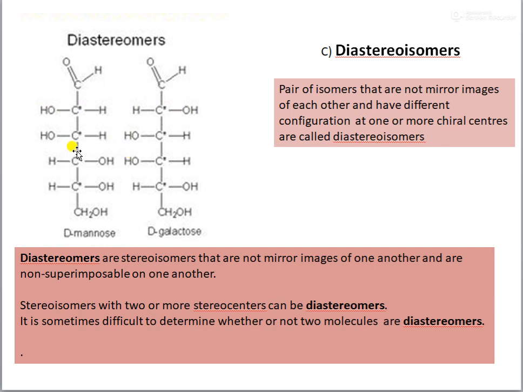Then if you go into the next one, okay, they have the same orientation of OH and H. And if you consider the third carbon atom, not third, the fourth carbon atom, you can see that again their orientation is different.